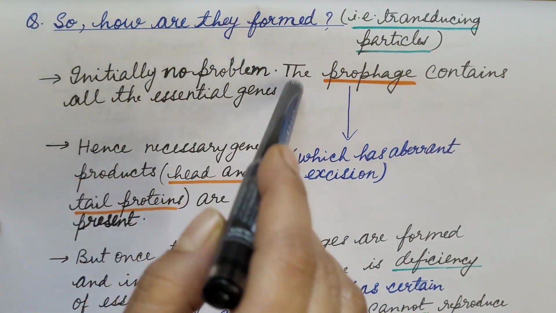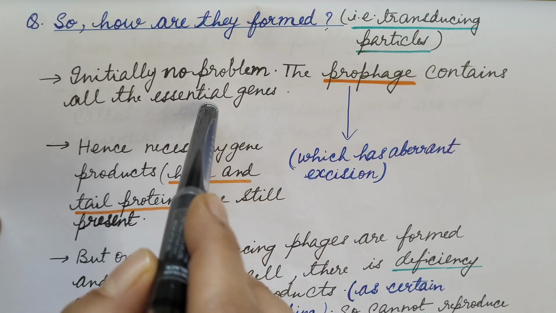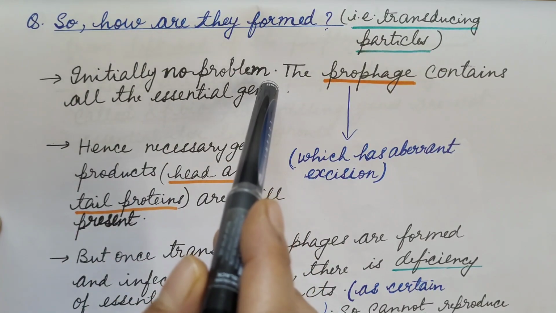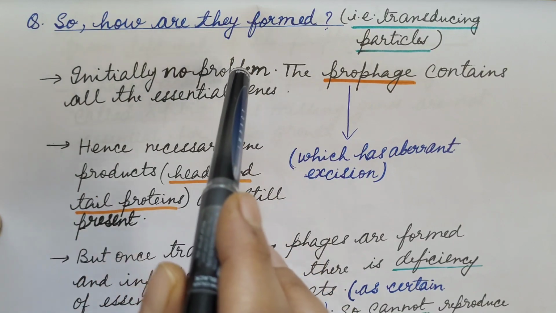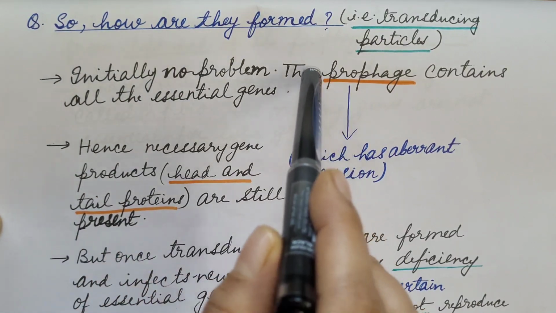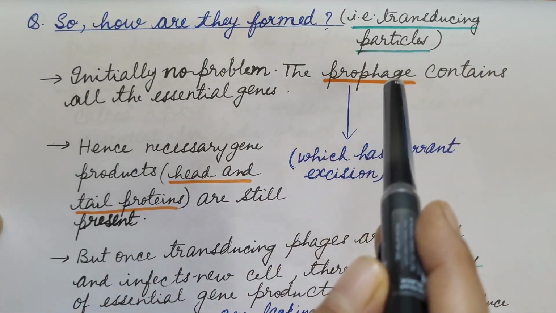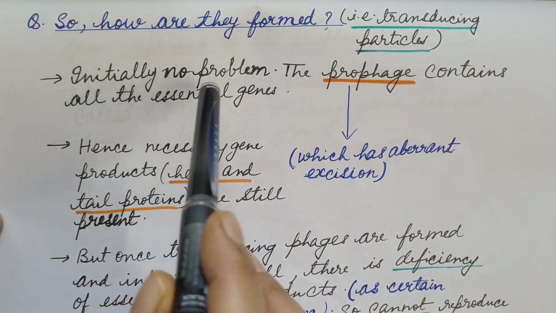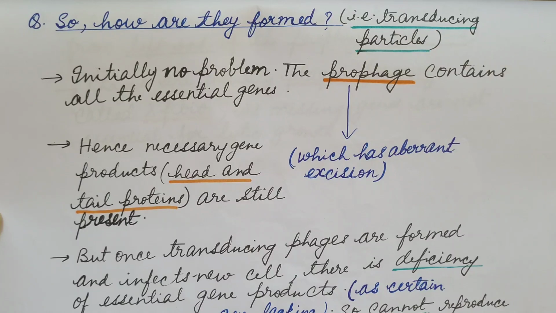So, initially when these are formed in the donor cell or the donor bacteria, there is no problem, as the prophage, which is integrated in the bacterial DNA, contains all the essential genes.